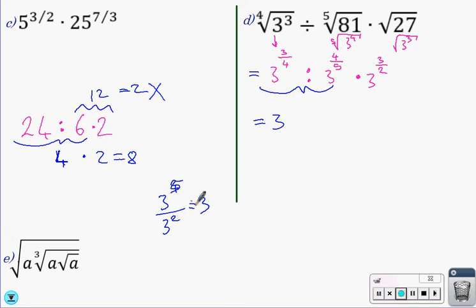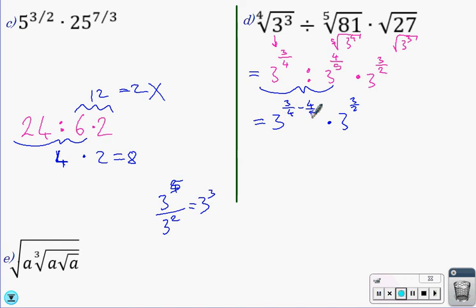For example, if there was 5, 5 minus 2, 3 to the power of 3. So we subtract the powers when there is division. So I should subtract the powers. 3 over 4 minus 4 over 5. So then I have 3 times 3 to the power of 3 over 2. I just copy it down. So this will be the result of division.